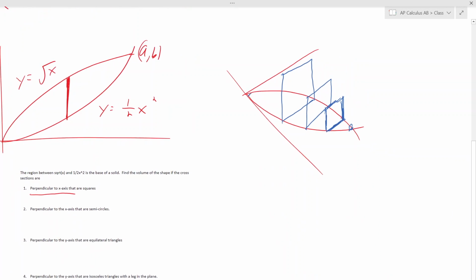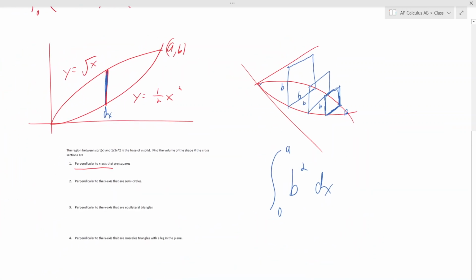Since they're all squares, the volume of a shape that's the same on top and bottom, like a cylinder, is just the area of the face times how thick it is. Each one of these has a thickness of dx. And the face is just the bottom times the bottom, since it's a square. So the area of one of them is just the base times dx. We need to integrate all of them to add them up, so we can go from 0 to a.